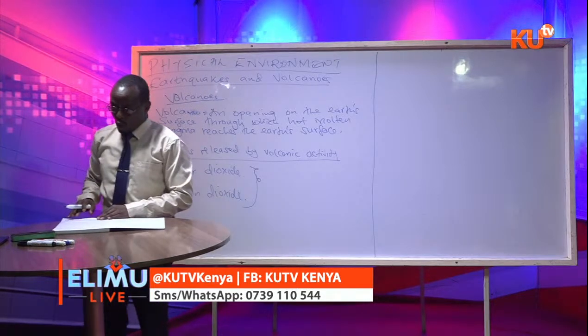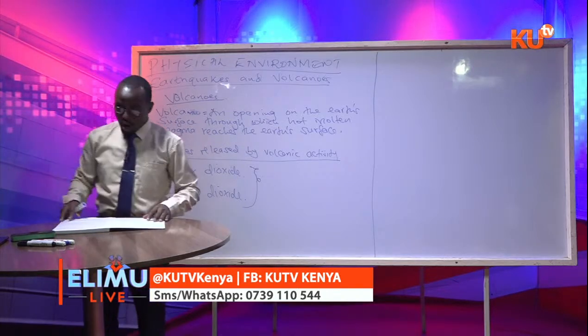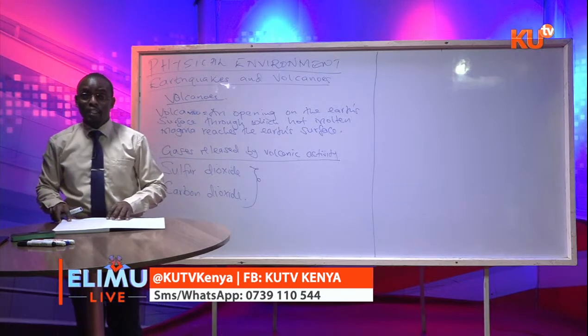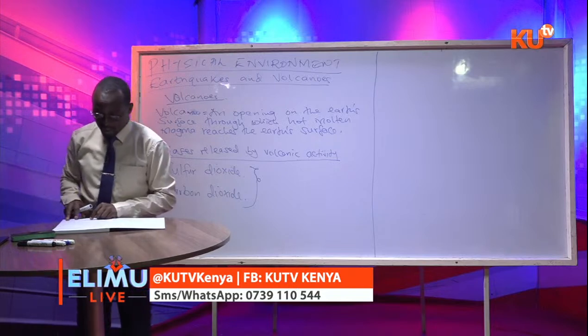For example, when Mount Pinatubo, located in the Philippines, erupted, we had climate change, and we had the darkening of the sky for some time.